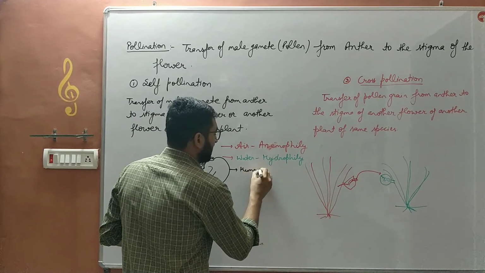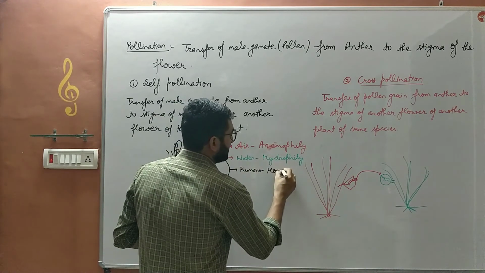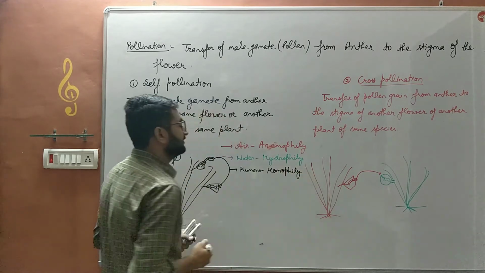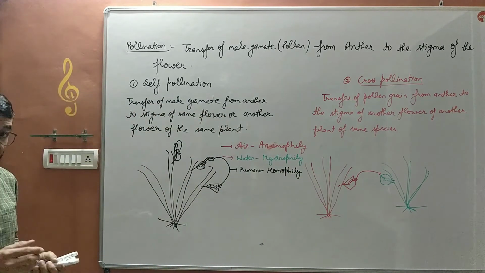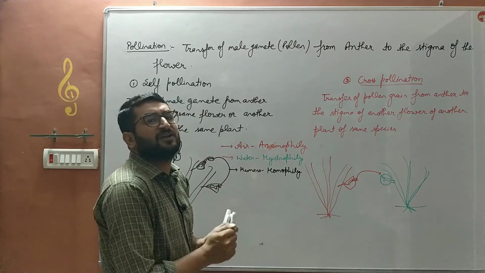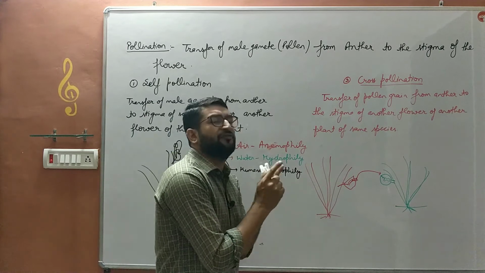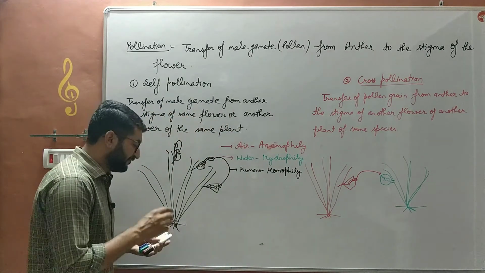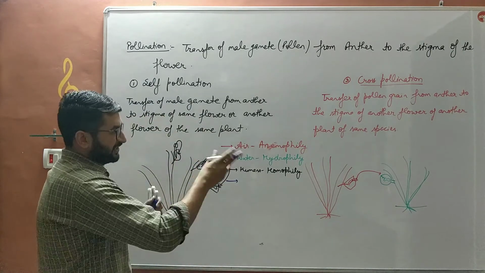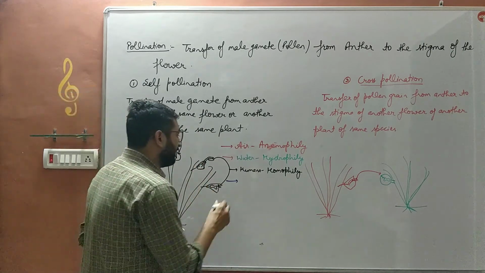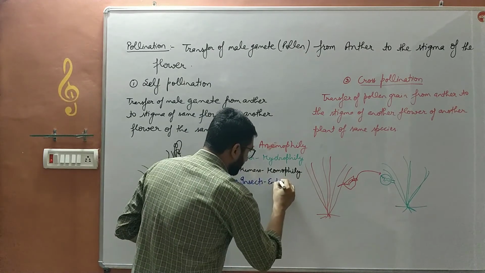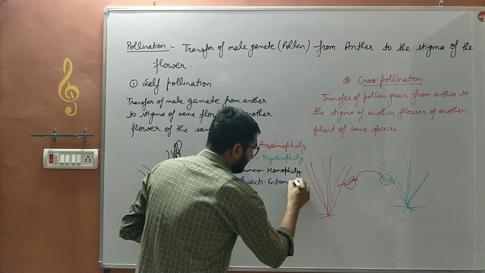If humans help in the transportation of these gametes, then it is known as homophily. If human beings help in the transportation of pollen grain from the anther of one part to the stigma of another, it is known as homophily. If this exchange of gametes is done with the help of insects, that is known as entomophily.